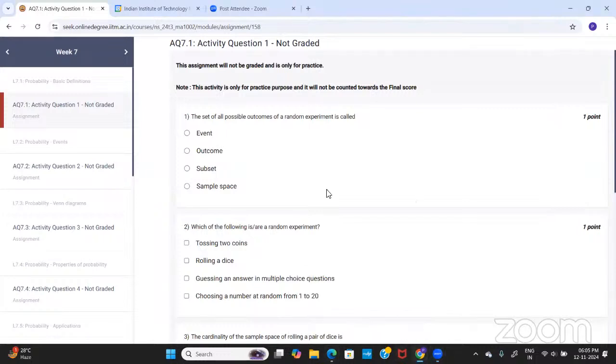Now my screen is visible. Any doubts from activity 7.1?